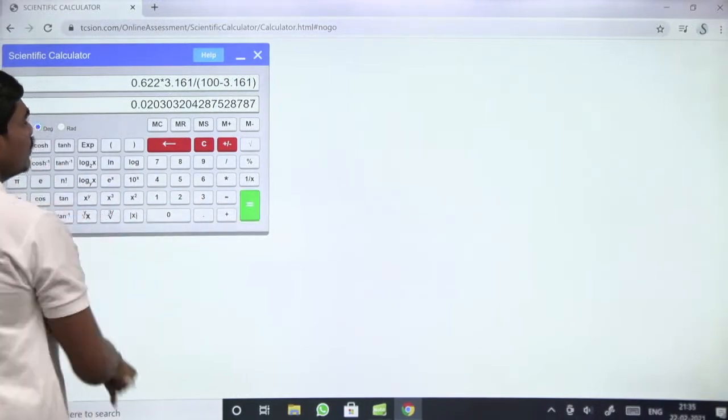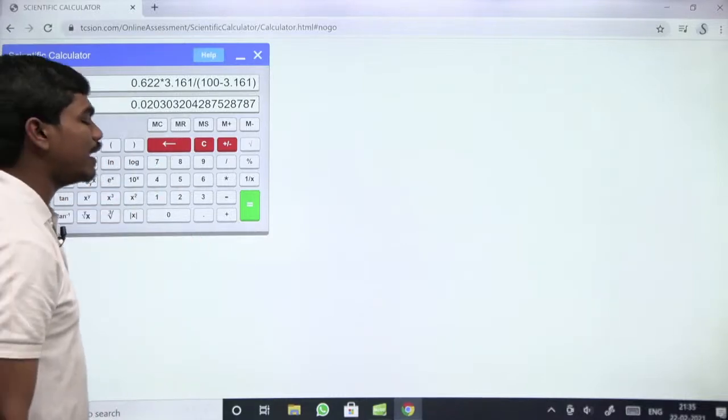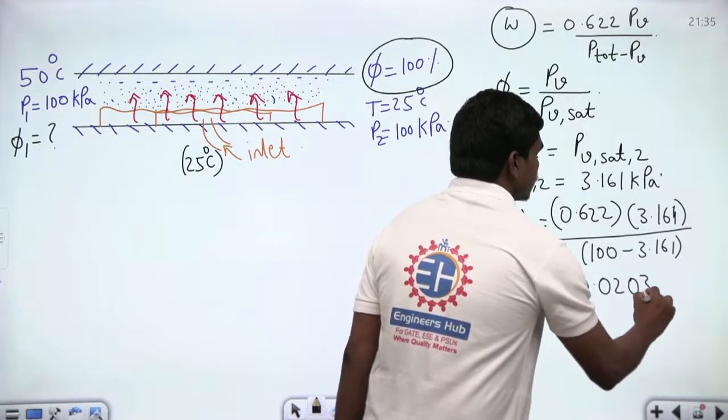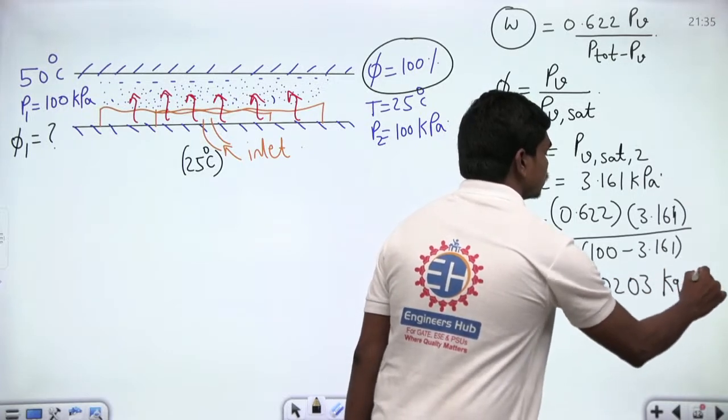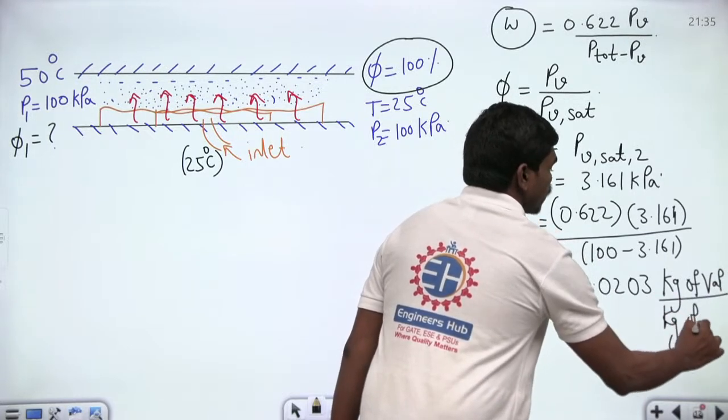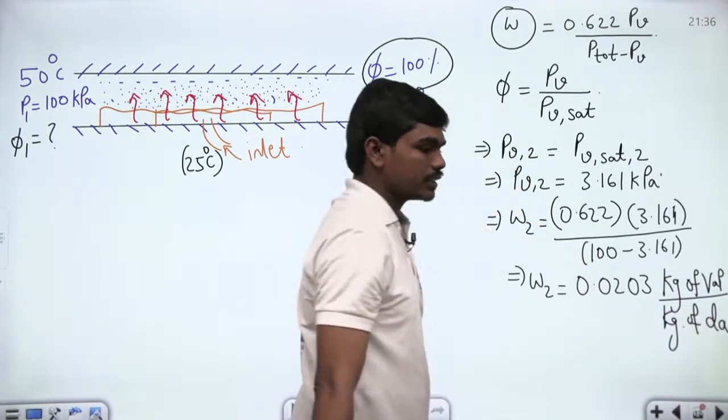And 0.0203 is the value that we have. So let us write 0.0203 kg of vapor per kg of dry air. This is nothing but omega.